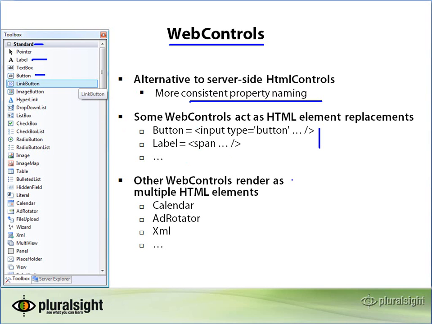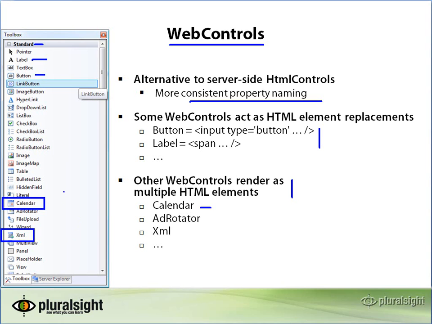Others, however, are more complex, more compound renderings. So for example, the calendar control, there's no client-side HTML element called a calendar. So instead they give you this calendar control here, but when it renders, it actually renders as a table with a bunch of cells that are written with the days of the month in them, and the header with the entire name of the month at the top, etc. Similarly, the XML control is one that takes an XML document and an XSLT file and renders by applying the transform of the XSLT to the XML document.